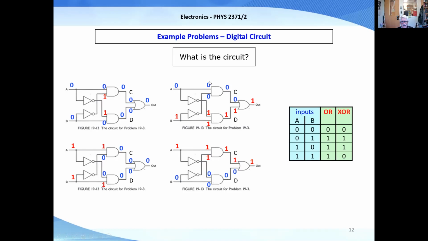You have all these intermediate points, and you just write down what you'd get at the intermediate points here and here, and then finally the answer. Any questions on this? So originally I wrote C and D here because those were intermediate points.